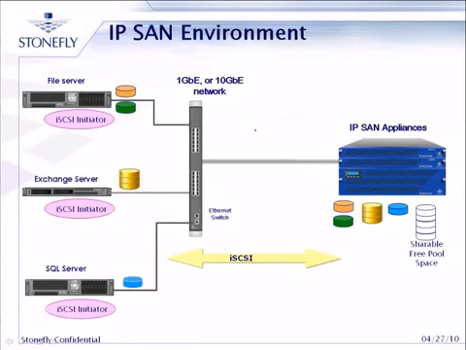Going to the iSCSI environment, for IP SAN you have an IP SAN appliance and a switch in between, which could be either 1 gig or 10 gig. These are standard off-the-shelf switches, the same as the regular networking that you have in your house.